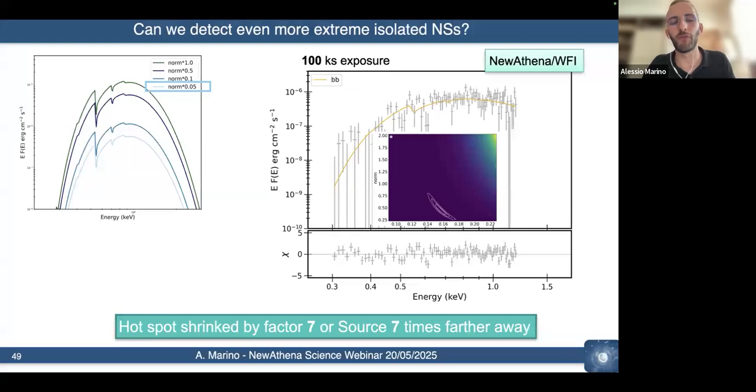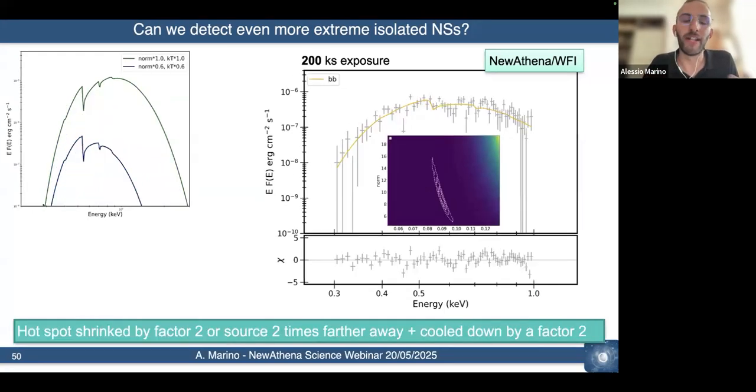We can also find neutron stars which are not only farther away or have a smaller hotspot, but are also colder. With 200 kiloseconds, for example, we can constrain the black body thermal emission from a neutron star which has 60% of both the temperature and the normalization of PSRB-234.